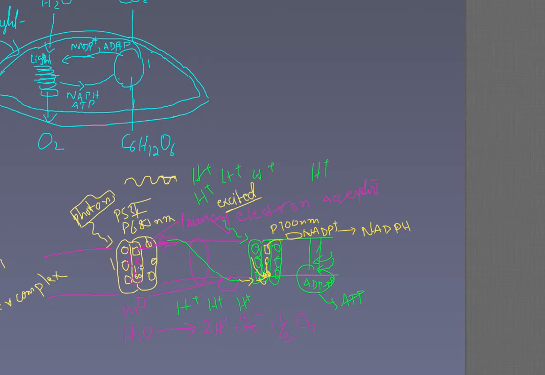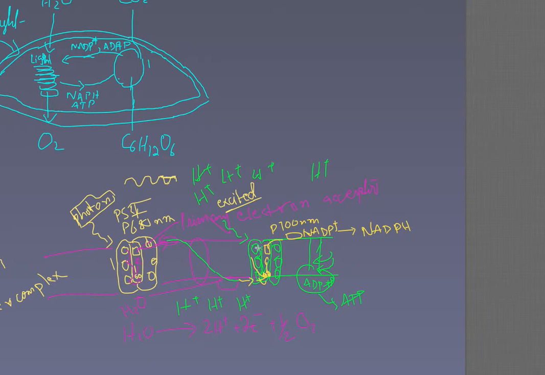So these electrons which it first lost go through the electron transport chain, and as it goes from this complex to another, it's creating a gradient which causes the hydrogen ions to be pumped to the other side of the membrane. These pumped ions go back through the ATP synthase to generate ATP. And as this electron is going from one complex to another, another beam of photon comes and strikes the PS1 or the P700, and the same process happens.